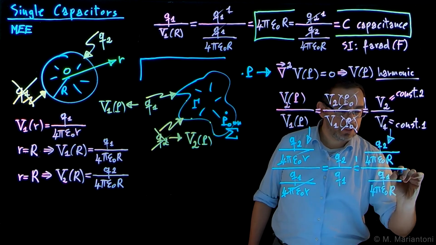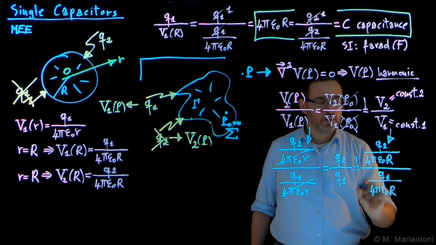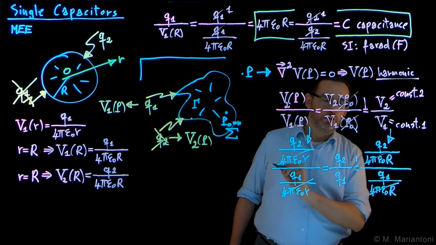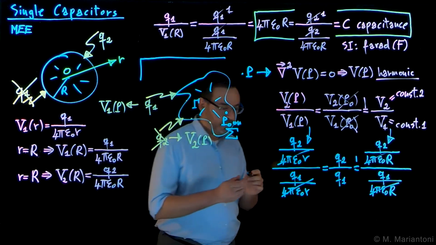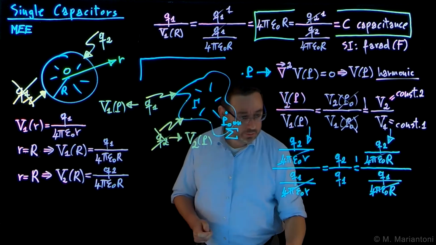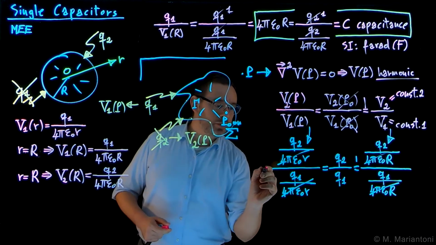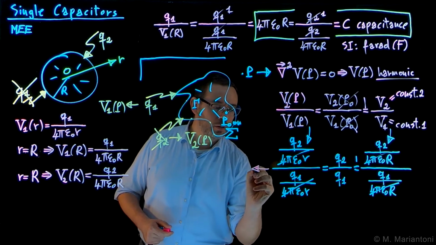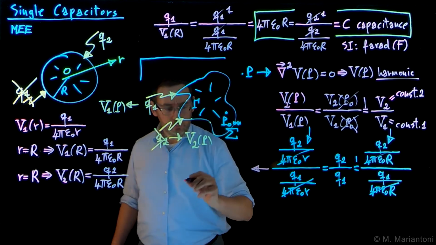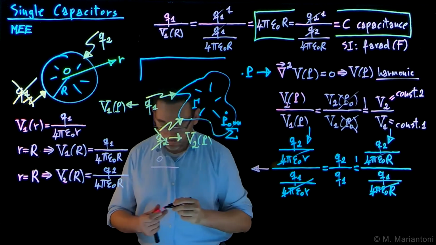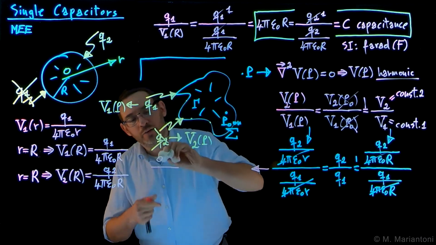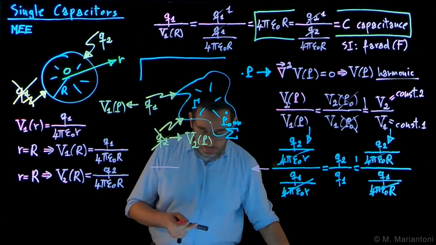So these are constant because these are equipotential surfaces right on capital R. So these cancel out. And again, Q2 divided by Q1, which is an important property. All right, so to summarize this property down here, we can finally summarize this as follows. In general, the ratio between the electrostatic potential, capital V.